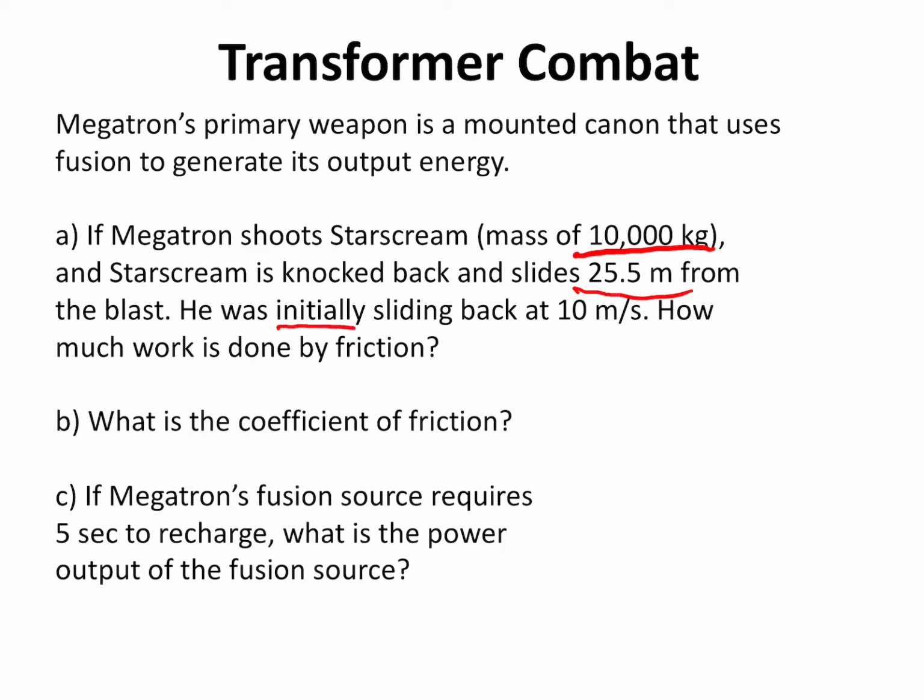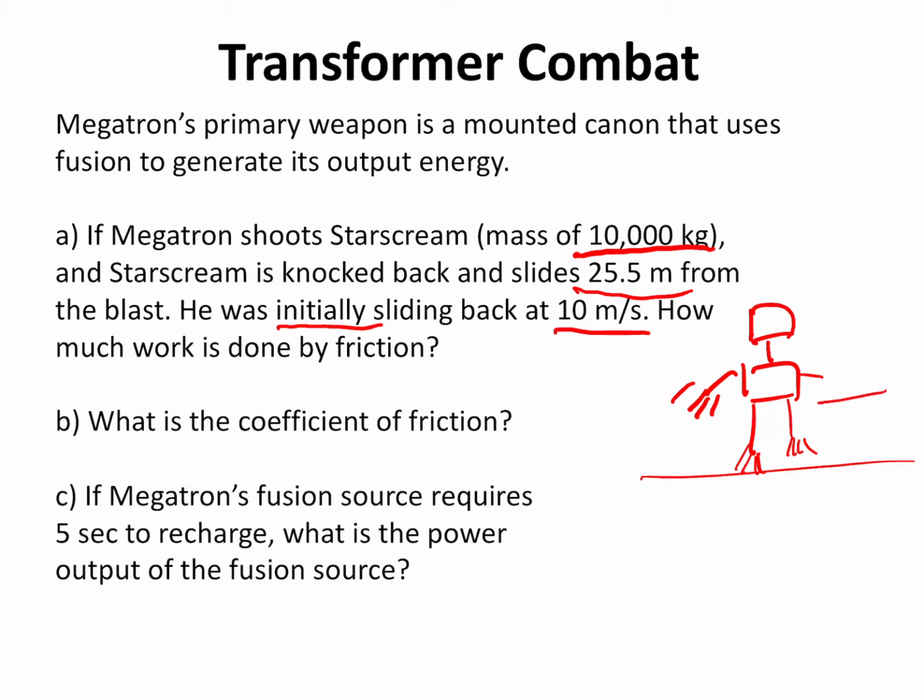Its initial velocity is 10 meters per second. How much work is done? So okay, let me just draw a robot. Looks like Starscream, right? Okay, he is sliding back.